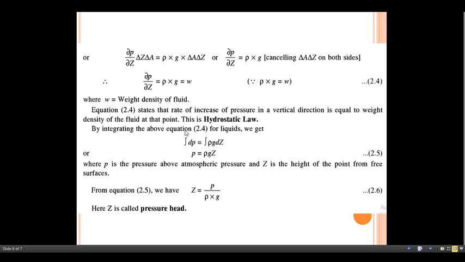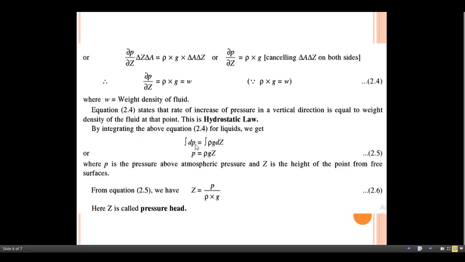By integrating the above equation 2.4 for the fluid, we take this delta Z to the right side. So the integration of dP equals the integration of rho multiplied by g dz, as this term comes to the right side.